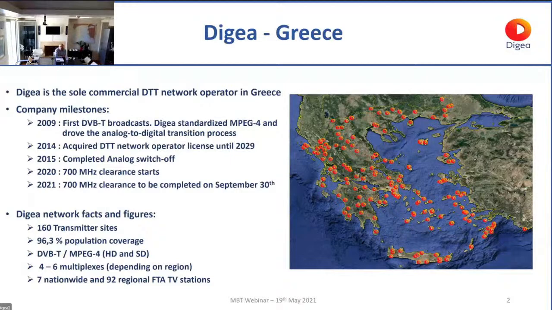And in total, we operate 3 national multiplexers and 1 to 3 regional multiplexers, depending on the region. Overall, we serve around 100 private-owned channels in Greece, out of which 7 are national-wide channels and 92 are regional.